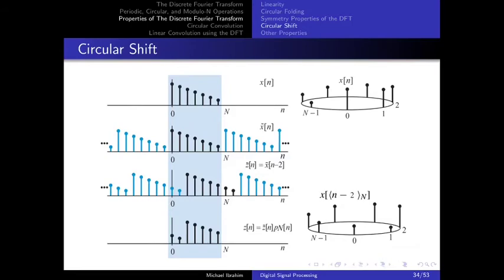If you want to shift a signal x of n, again, first we need to extend it periodically to get x tilde of n, then do the shift on the periodic signal x tilde of n, and then select the samples starting at 0 up to n minus 1. So if you're shifting to the right by 2 samples, you will be getting samples shifted circularly like this.